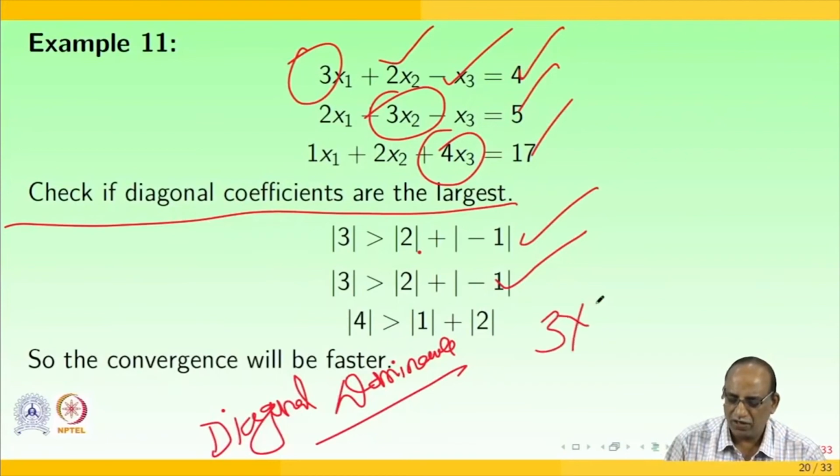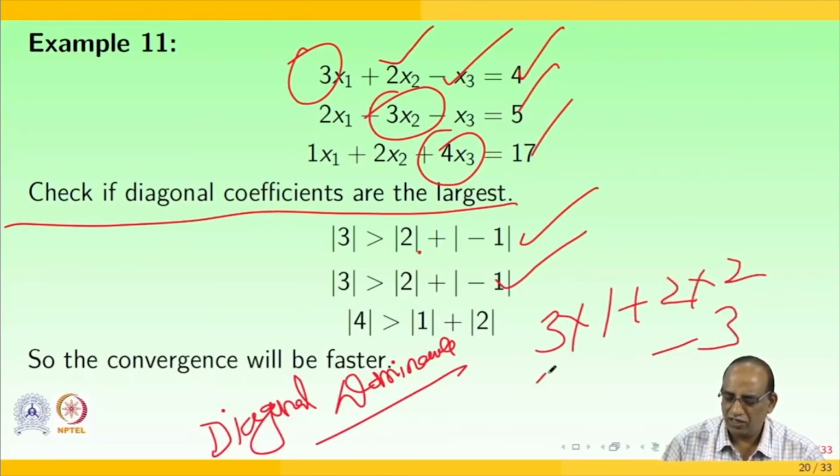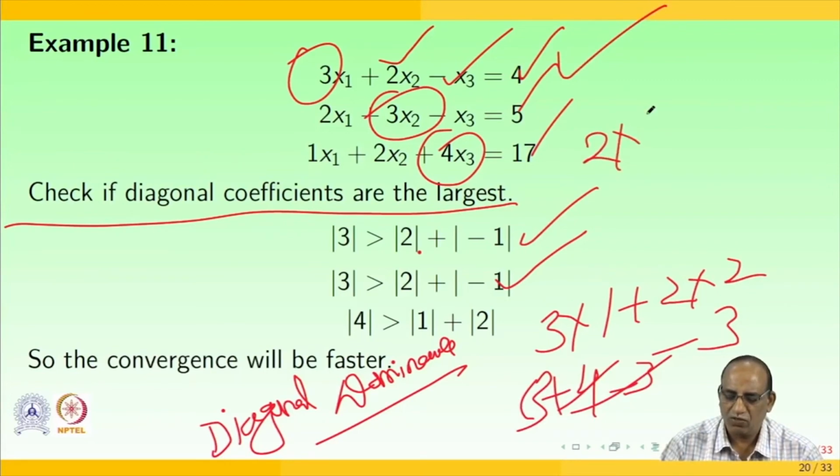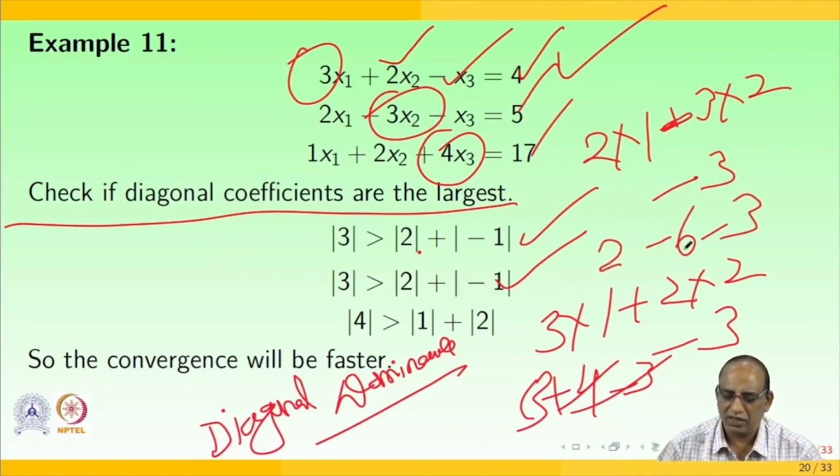So 3 into 1 plus 2 into 2 minus 3. So 3 plus 4 minus 3, which is 4, fine. The second equation is 2 into 1 minus 3 into 2 minus 3. So 2 minus 6 minus 3. Taking 2 into 1 plus 3 into 2, 6, minus 3. 6 to 8, 8 minus 3, 5.